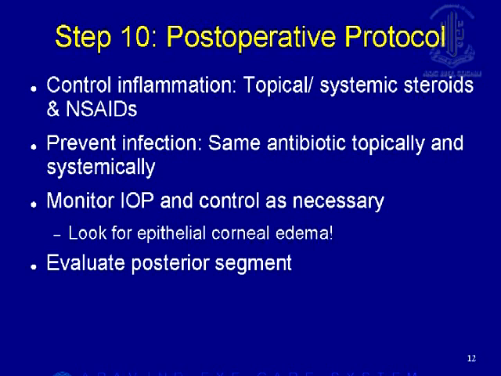Whenever there is a raised IOP when you have a PCR, never forget to send the patient to a posterior segment person who can really see something happening behind. Maybe a small cortical bit or epinucleus or a cortex in the vitreous. The IOP will never come down unless you remove it. So never ignore that. Whenever you have a raised IOP following a PCR, ideally you see their posterior segment thoroughly.